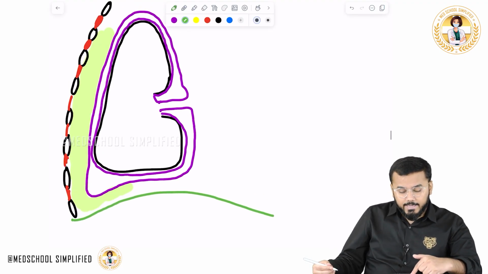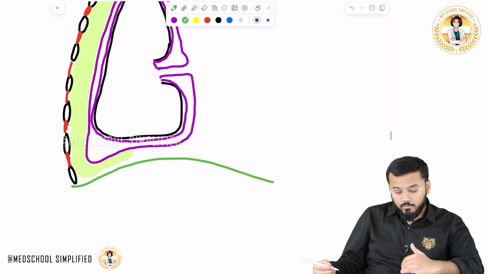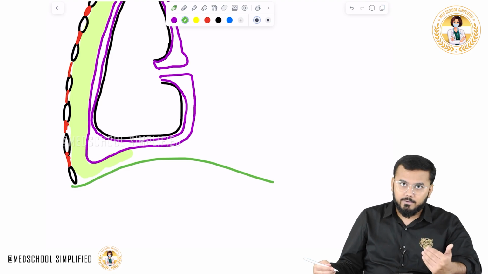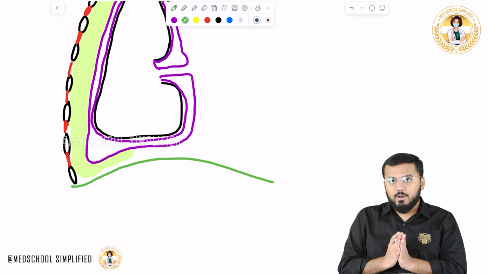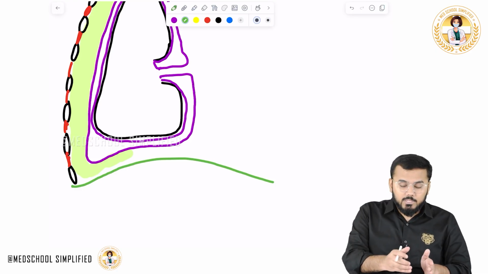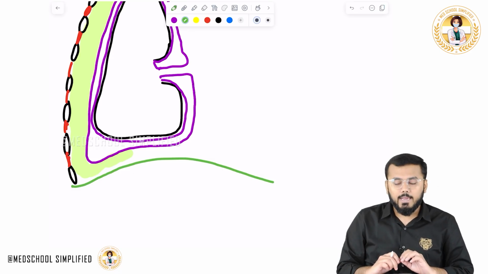I have covered the entire surface. This is also called the costal surface. I have covered the entire costal surface, and also only the half part of the diaphragmatic surface. So the costal as well as the half part of the diaphragmatic surface, this part of the parietal pleura is supplied by a nerve called the intercostal nerve.